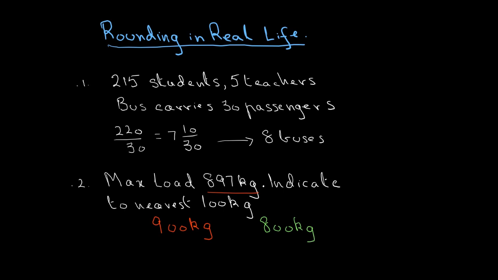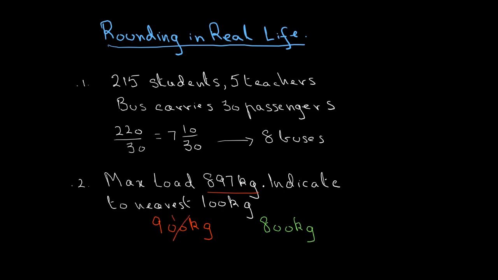Now, if you were just rounding, then clearly you would round to 900 because 900 is just 3 kg away, versus 97 from 800. But note, this is the maximum load. So now you're dealing with the safety of passengers. If the elevator is going to break down when you add an extra load, then clearly stating the 900 kg load would be wrong, because it's a safety concern.